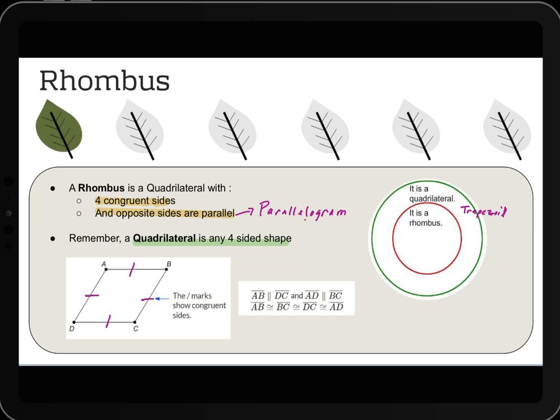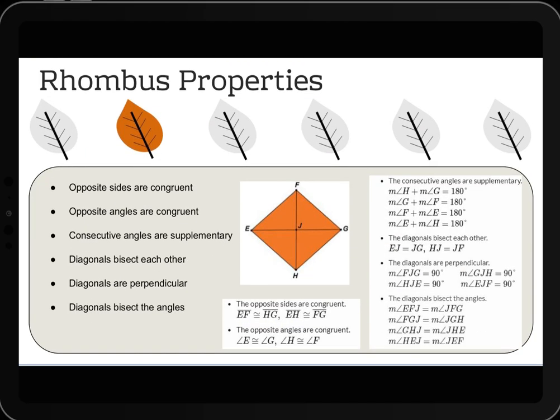They're all the exact same length, which of course indicates the opposite sides are congruent, but all the sides are congruent. And we have opposite sides are parallel, which is what a parallelogram is supposed to indicate. Opposite sides of a parallelogram are parallel by definition. So there's a lot of properties involved with a rhombus.